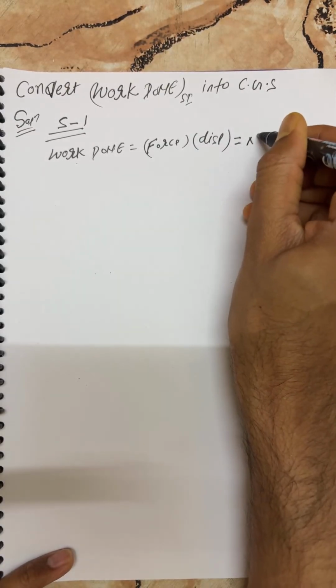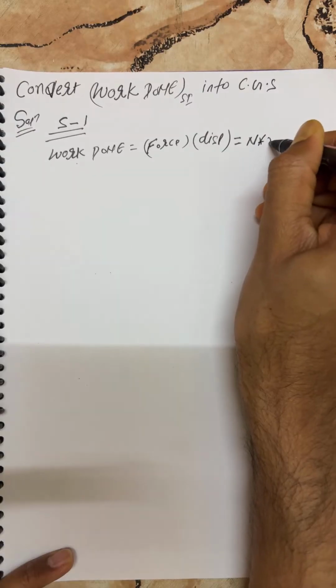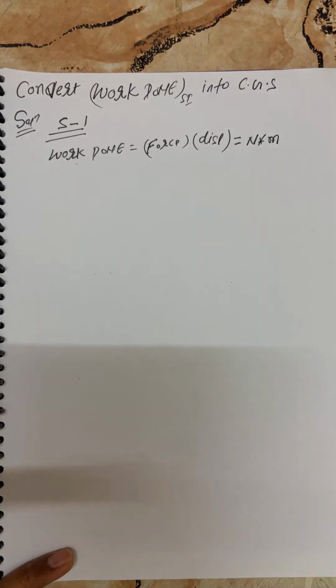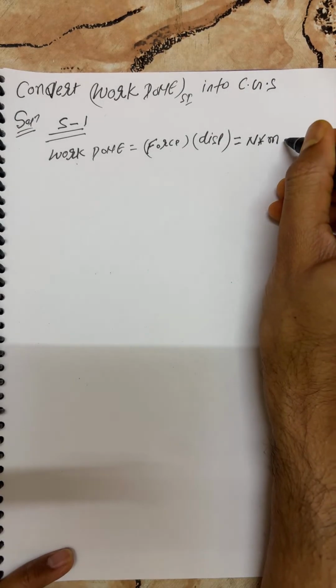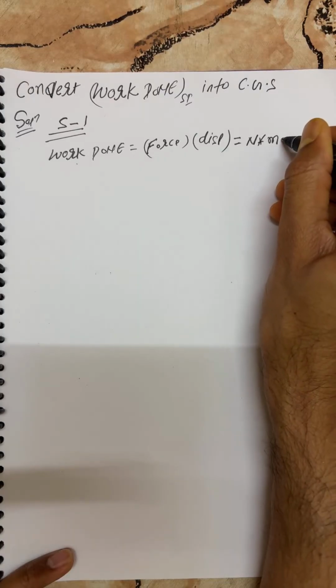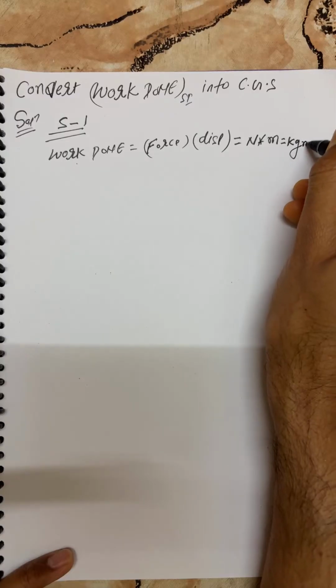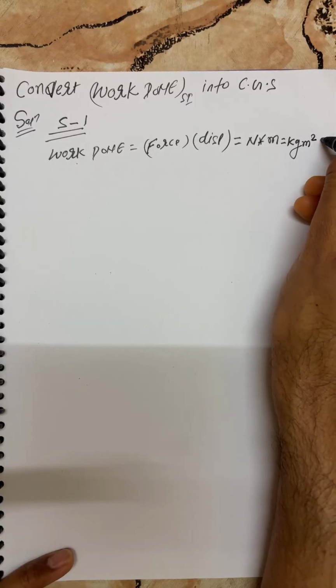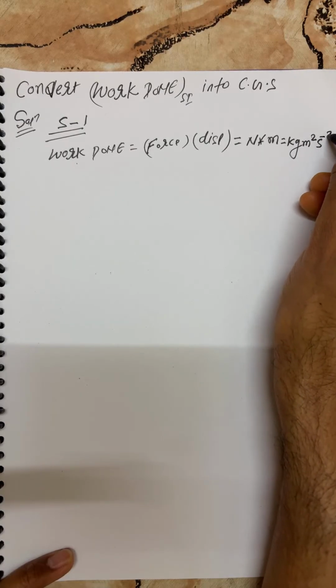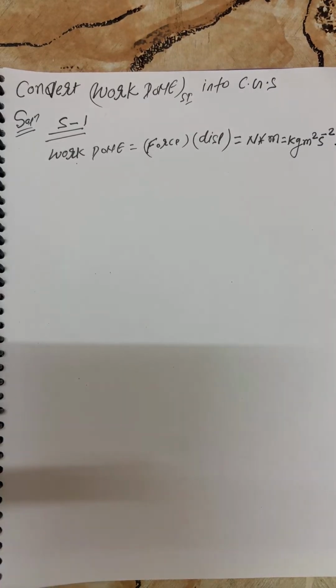So we can write Newton into meter. Further, you can write kilogram meter square s to the power -2.